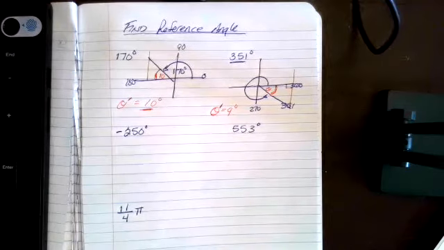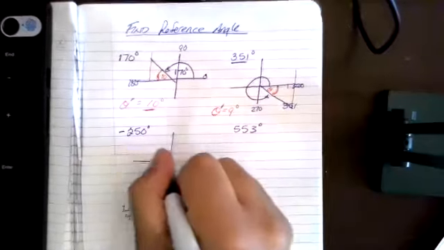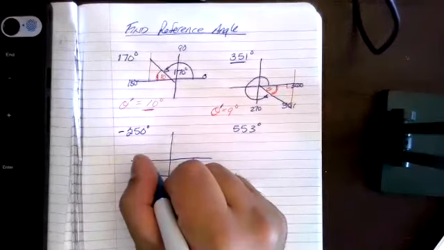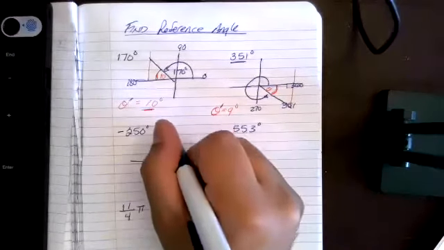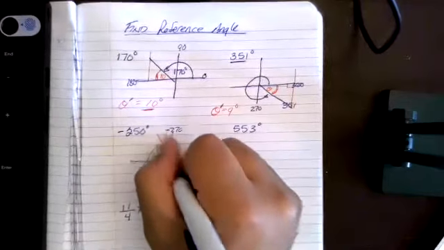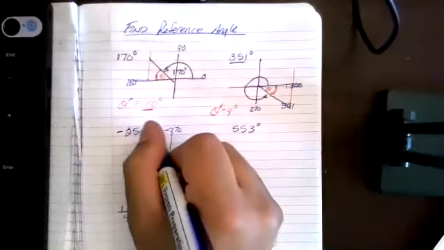Negative 250 degrees. Well, I know that's negative 90, negative 180, and I know this would be negative 270. So it would have to fall somewhere in here, negative 250.